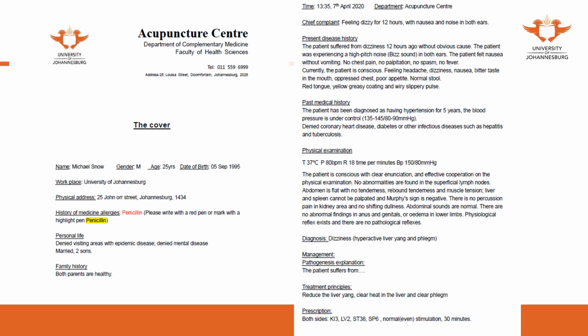If the patient has no other problem, such as this patient has no coronary heart disease, diabetes, or other infectious diseases such as hepatitis, TB, we will use the word deny.